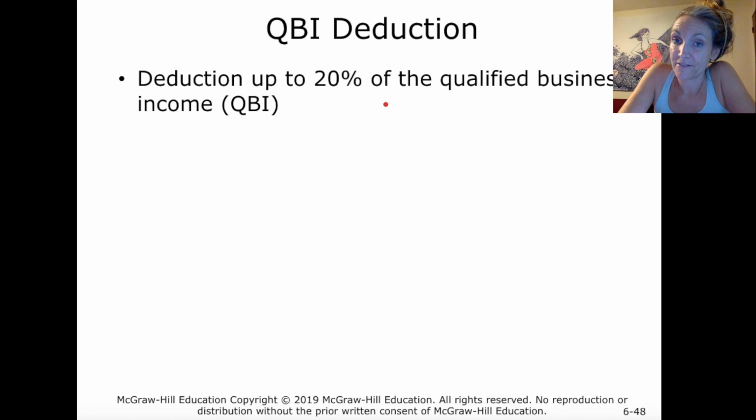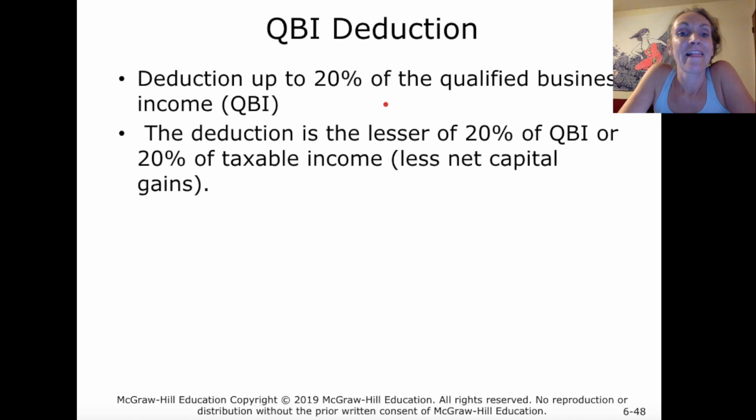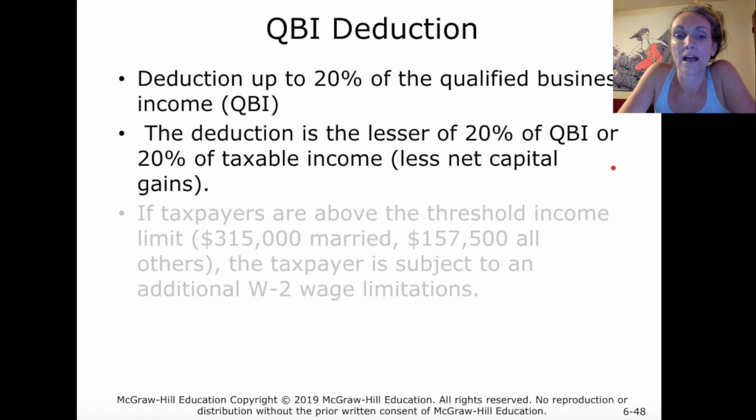This is unheard of, unprecedented, and the deduction is the lesser of 20% times your qualified business income, or it's essentially limited by 20% of taxable income. So it's essentially a check to limit it, which is without including your capital gains.